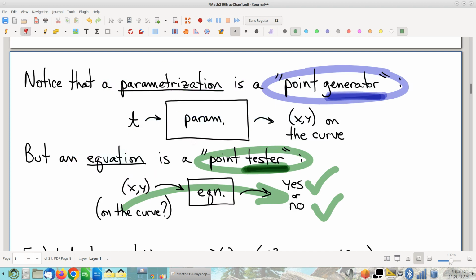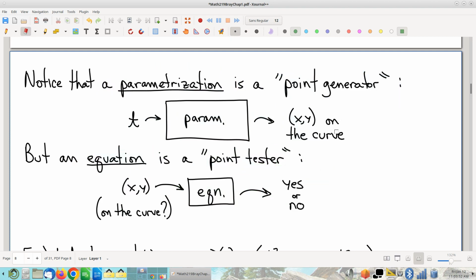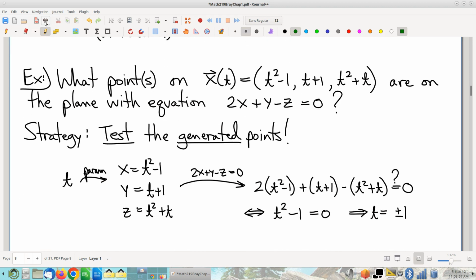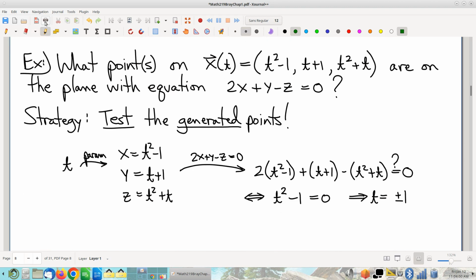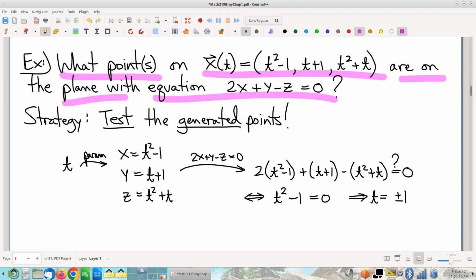You want to make sure you know what the algebra means that you've written down, and this is an important part of that. I find that this is exactly what we need to make sense out of this example here. I want to find what points on this parametric curve are also on a plane that has a given equation. All right, so I've got two geometric objects, and I want to know which points are on both the curve and the plane.